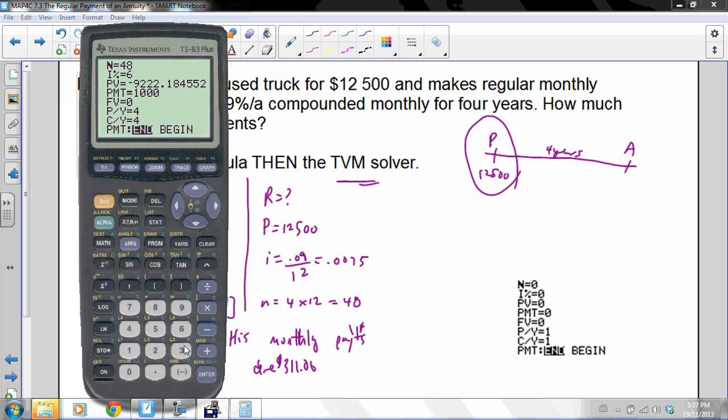The interest rate was just 9%. Remember, the calculator will take care of all that business for i. The present value, the amount that the truck cost right now, was $12,500. The payments per year, there were 12, the monthly payments. That'll switch automatically. And what do we want to find? We want to find the payment.